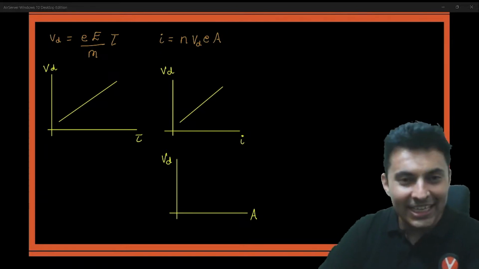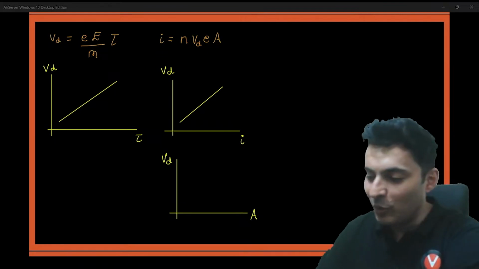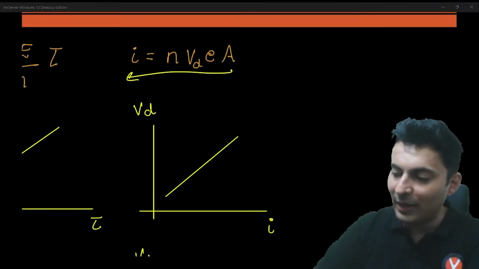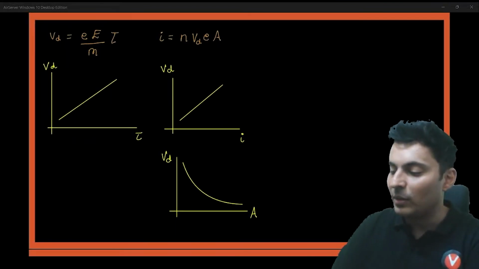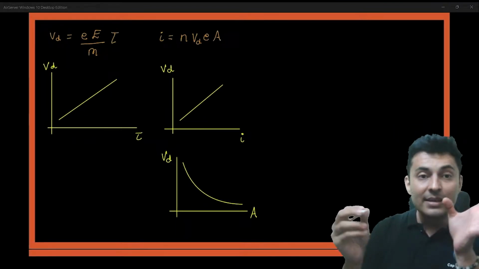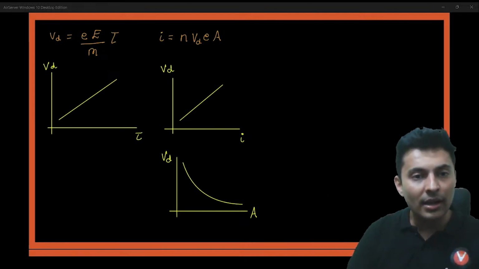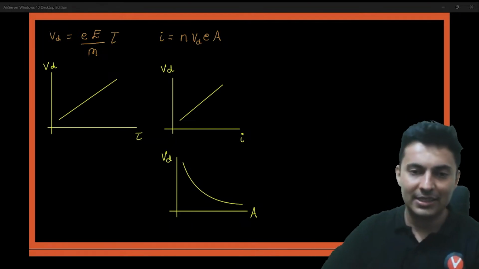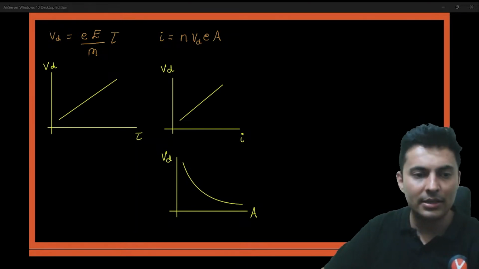Area will go below, right? So what will happen if area goes below? It will be inversely proportional. So that is the reason why the graph will look like this. So you have to see VD proportional to current, straight line. VD inversely proportional to area. So it is a curved line. Is that understood?